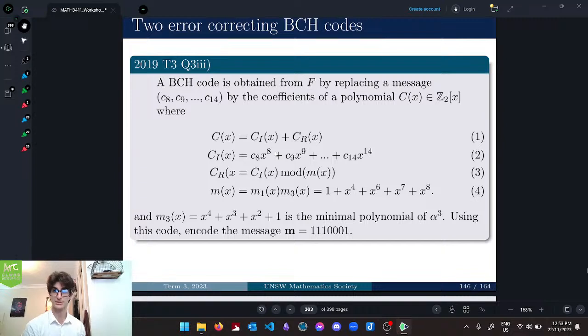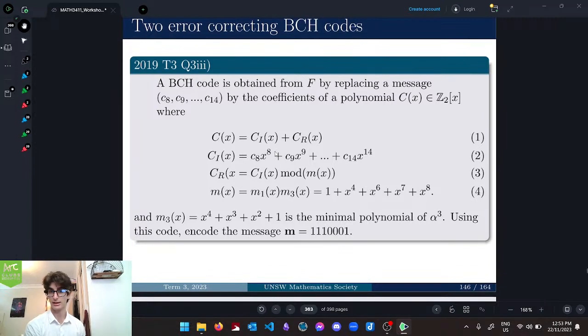BCH code is obtained from F by replacing a message C8 through C14 by the coefficients of a polynomial C of x in Z2 of x, where C of x is Ci plus Cr of x, Ci is this polynomial, Cr of x equals Ci of x mod m of x, and m of x is this polynomial that we actually got quite a bit earlier.